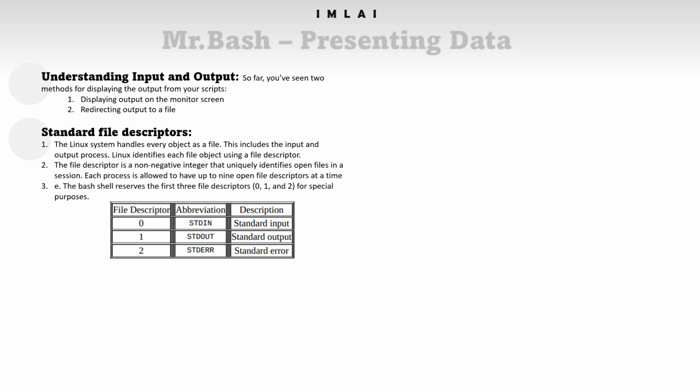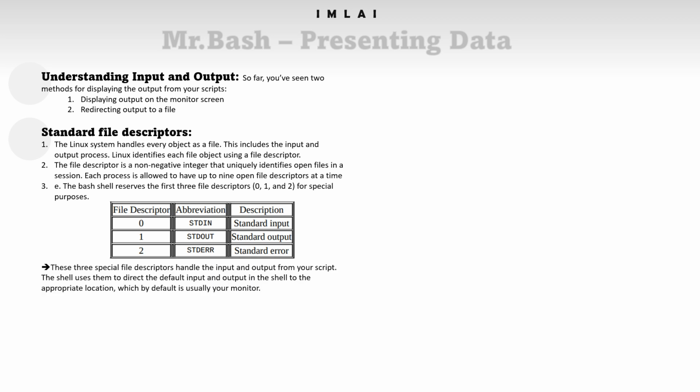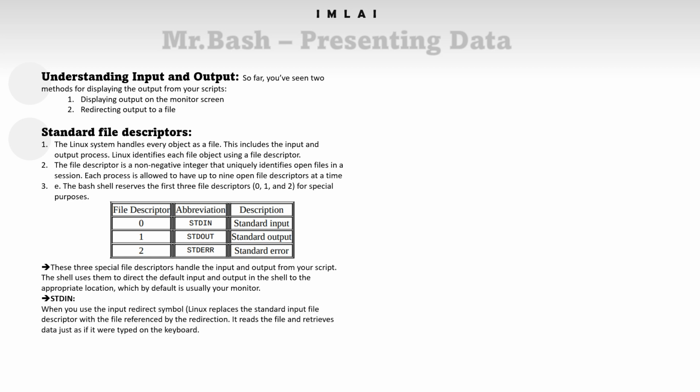So let's begin with stdin. The stdin file descriptor references the standard input to the shell. For a terminal interface, the standard input is always a keyboard. If it is a laptop, it's whatever keyboard we have on the laptop.